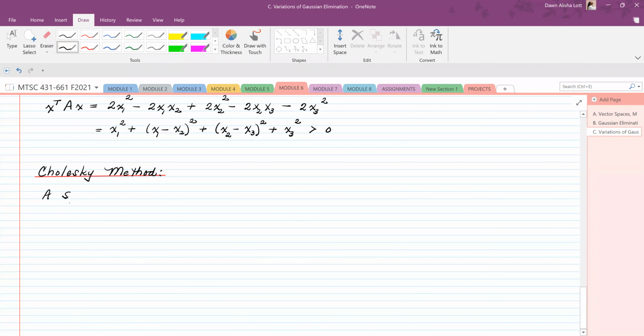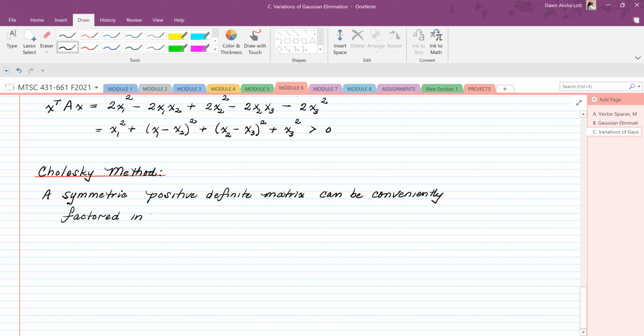A symmetric positive definite matrix can be conveniently factored into A equals L L transpose.